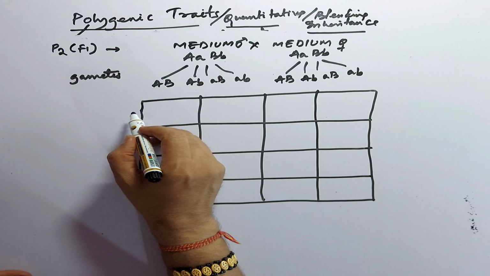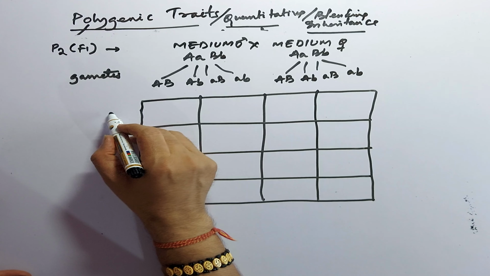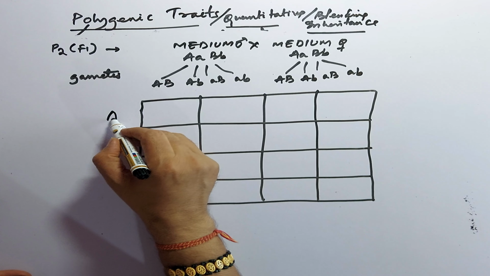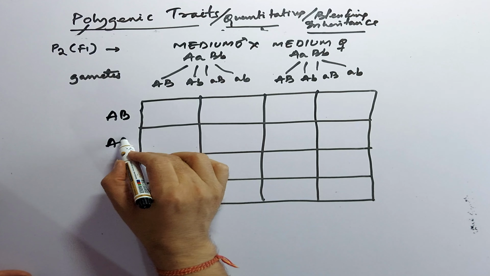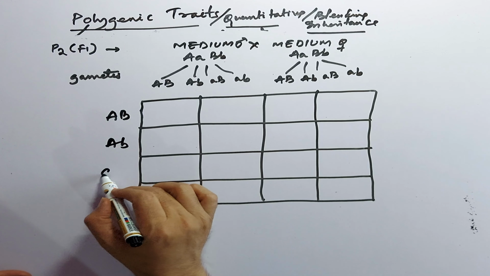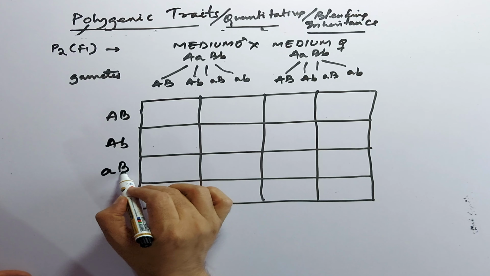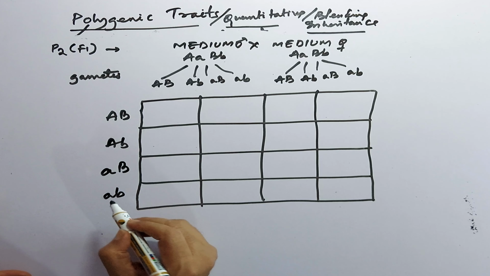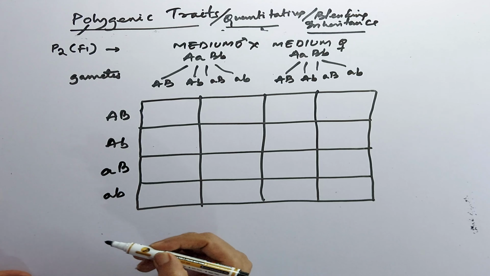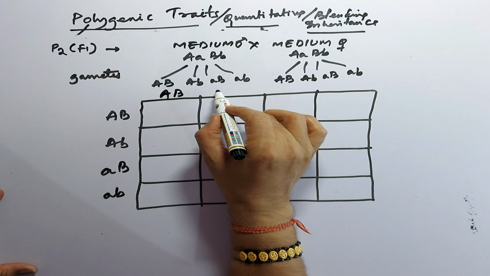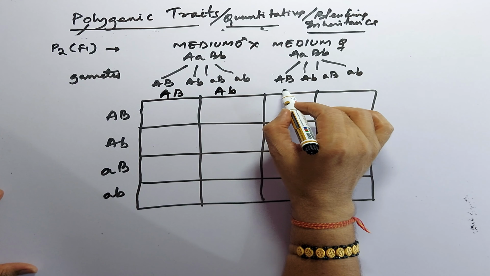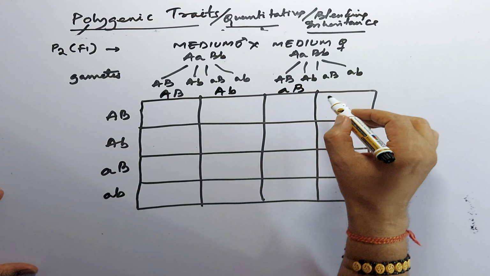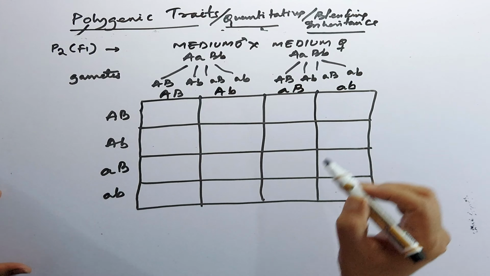So this is capital A capital B, capital A small b, small a capital B, small a small b, and here the same four gametes along the other side.